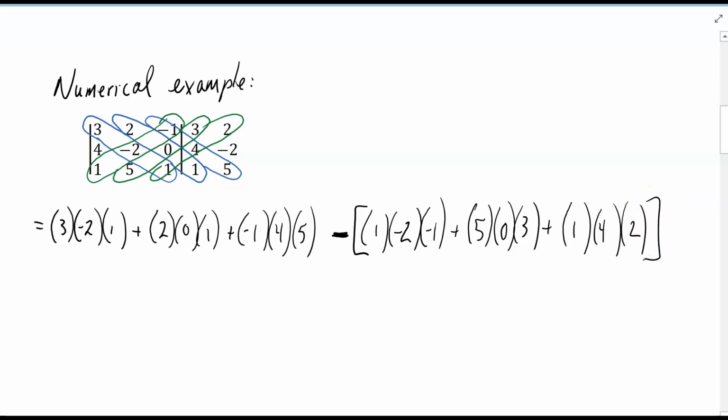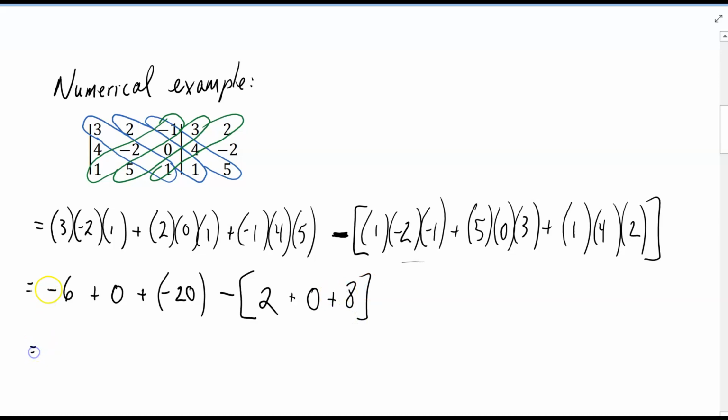All right, now I just need to do some number crunching here, and in the first one we get minus 6. In the second one we get 0, because 2 times 0 times 1 is 0. In the third one we get minus 20. Subtract. First value here is 2 plus 0 plus 8.